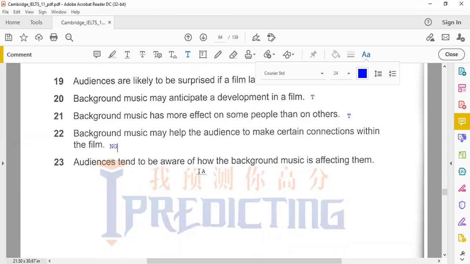Audiences tend to be aware of how the background music is affecting them. True. So these questions up to 23 are completed.